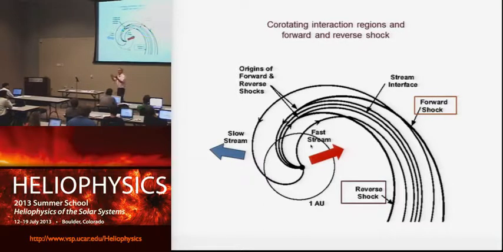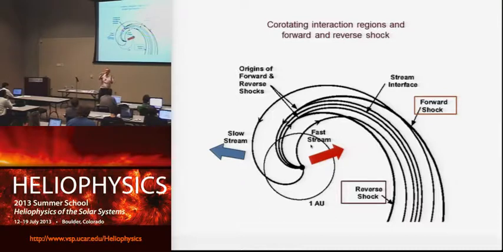So if you remember, it's all about relative speed. We've got here a blob of solar wind which is traveling outwards. But as it travels outwards, one bit is going faster than the other bit. So there's a relative speed between those two parts, and that relative speed is what launches some shocks. And so the shocks go forward and backwards, but in that frame which is moving with the stream interface.